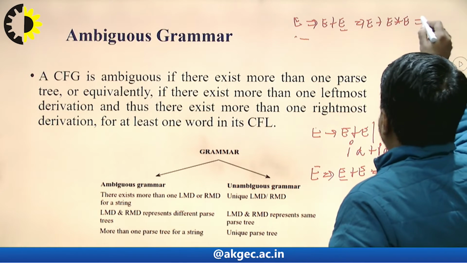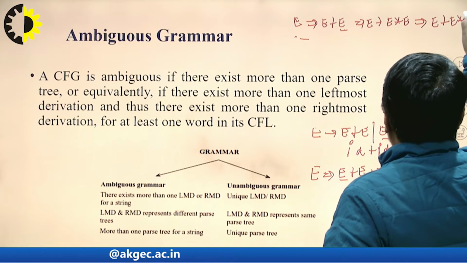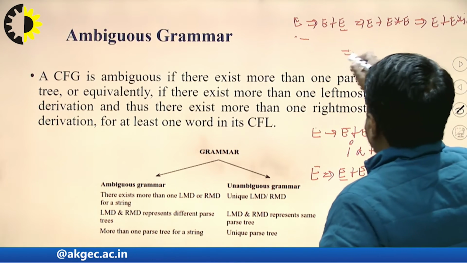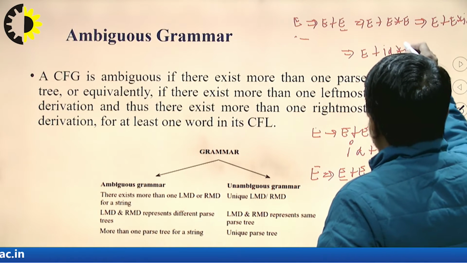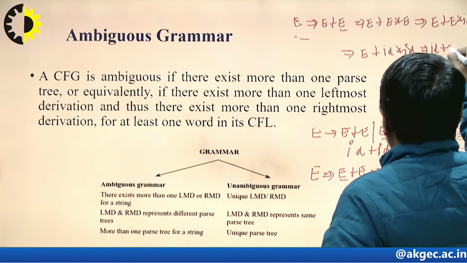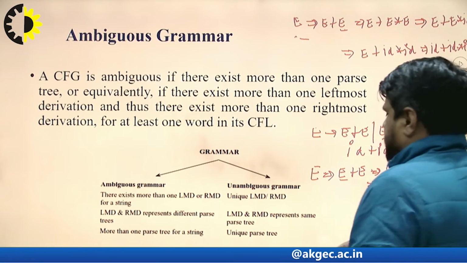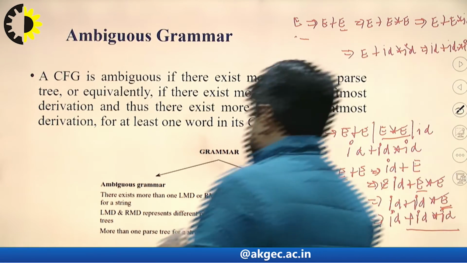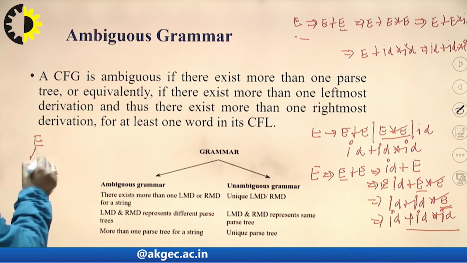After that, you will replace it by E plus E multiplied by ID. After that, you will write down E plus ID multiply ID, and at last you will replace it to get ID plus ID multiplied by ID.